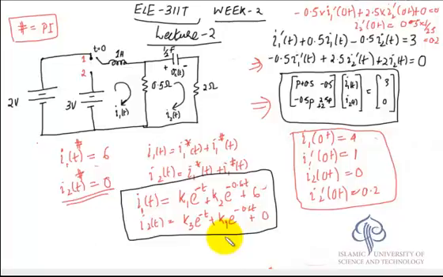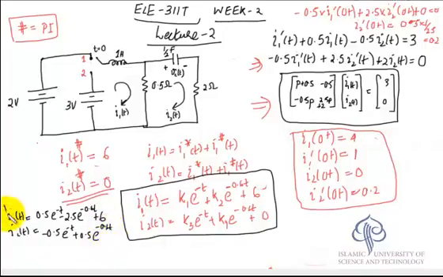If you do that, you'll see that I1(t) is 0.5 e to the power minus t minus 2.5 e to the power minus 0.6t plus 6, and I2(t) is minus 0.5 e to the power minus t plus 0.5 e to the power minus 0.6t.